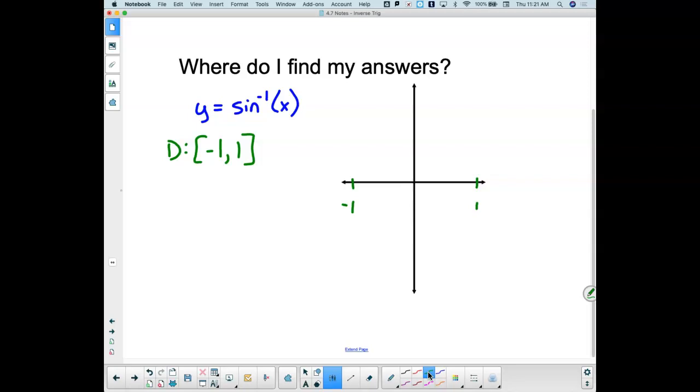But for my range, I'm going to take the middle portion of it. So that's going to be from -π/2 to +π/2.